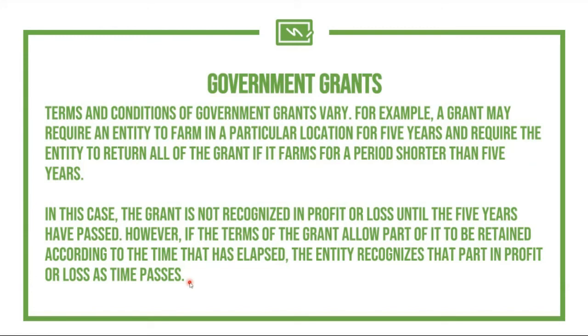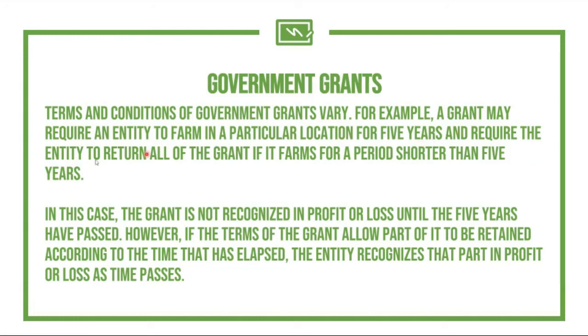Depending on the condition, if you need to fulfill everything or else you need to return everything, or you can retain the portion based on the portion that you have already fulfilled, then the recognition will be different.